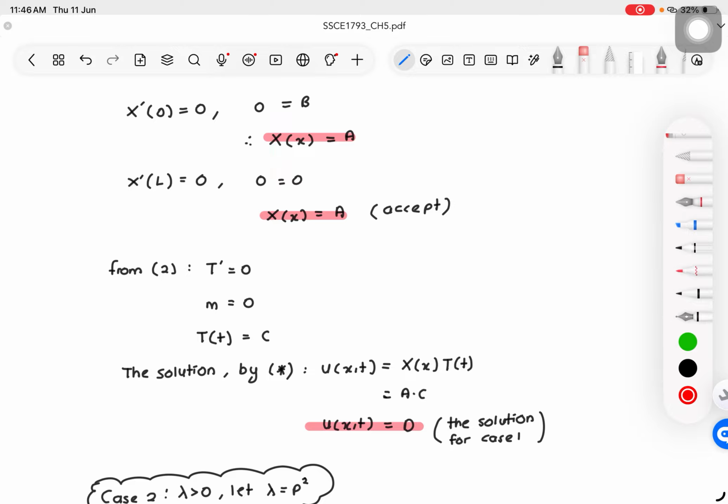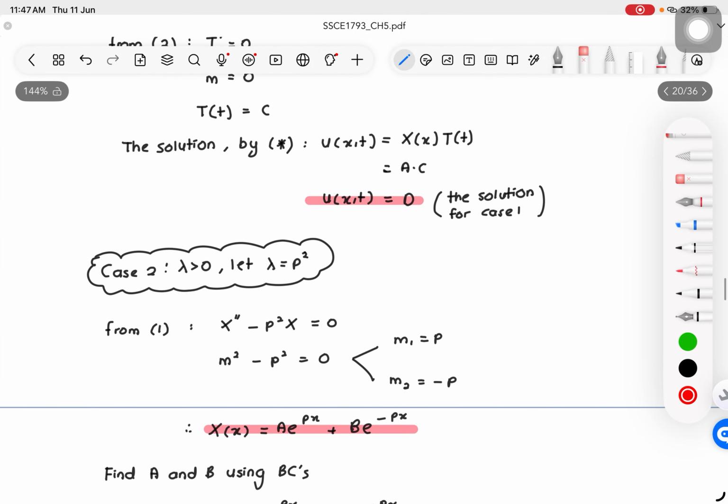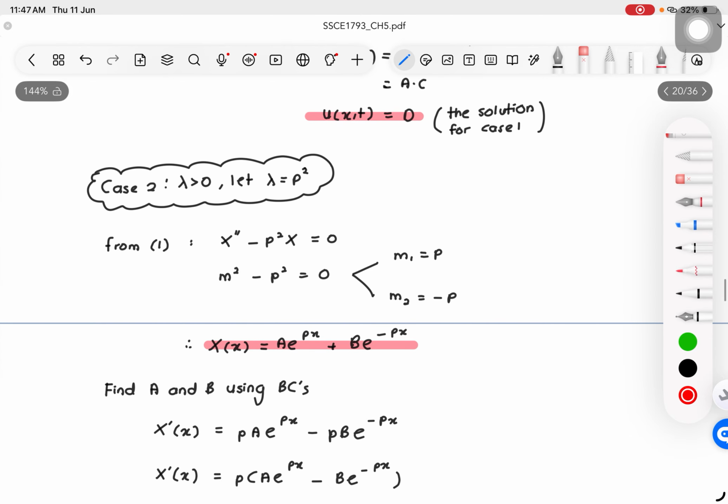But even though we already accept case 1, you still need to do case 2 and case 3. Remember that. Now we are going to do case 2, which is lambda greater than 0. So we're going to let lambda be equal to p squared. Then from the equation of x, you substitute lambda is equal to p squared inside.